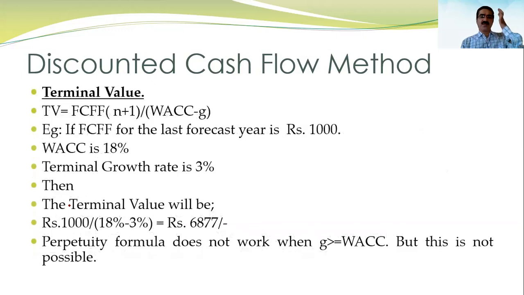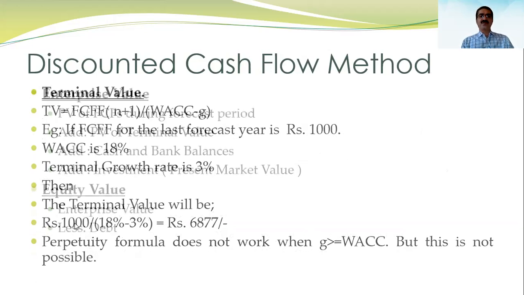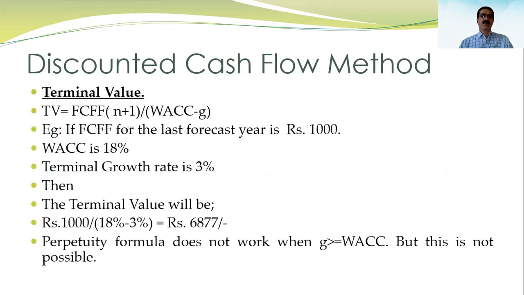Let us see how we really calculate the terminal value: FCFF n plus 1 divided by WACC minus G. If your FCFF for the last year is 1000, we have 1000 divided by 18%, which is my WACC, minus 3%, which is my G. My terminal value is 6877.